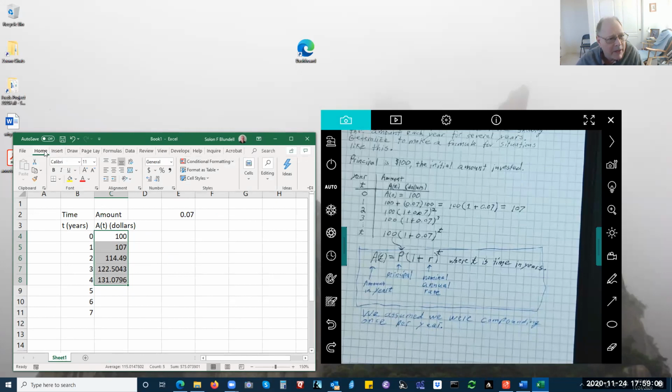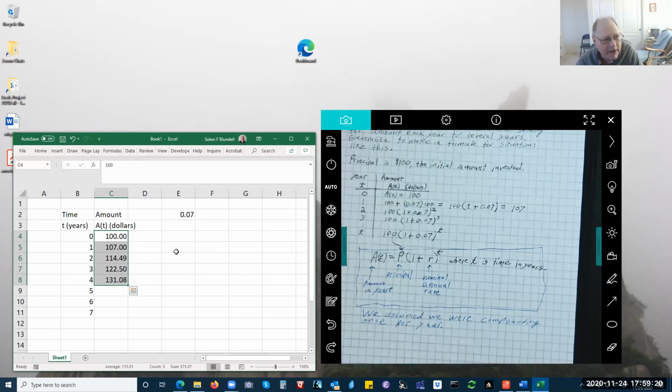So for my display here, I can change the number of digits that I show. All right. And I would put in the dollar sign, except I don't want to do that because I already put dollars up in the heading. Okay. And so now I can just drag on down.